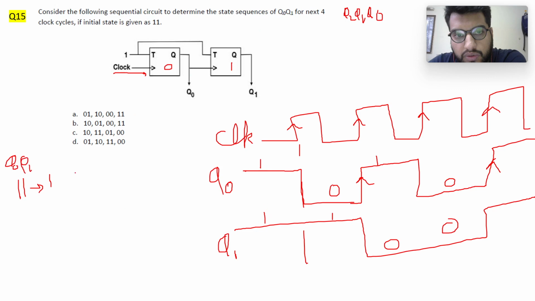So it is 1 1, then it goes to 0 1, then it goes to 1 0, then it goes to 0 0, and then it goes to 1 1. So it's 01 10 00 11. Option A is the correct answer.